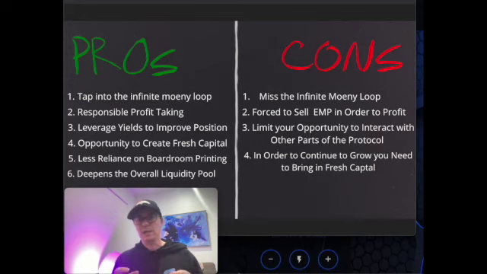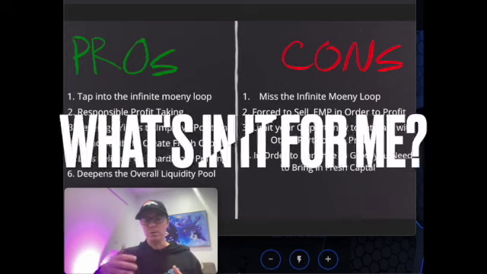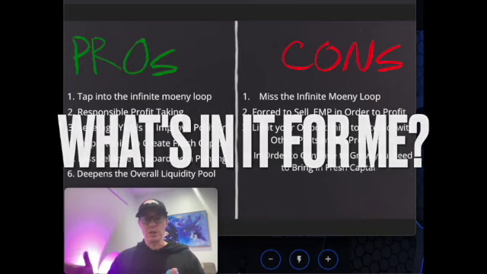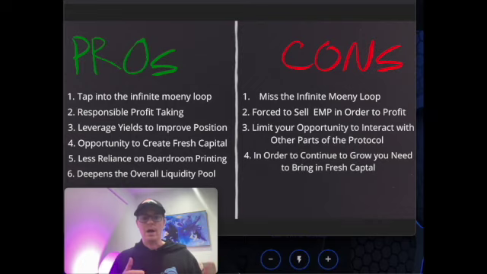And how does that benefit you? Well, it does benefit you because the more people this video reaches, the more likely they are to invest. And as we talked about, growing the overall liquidity pool is good for everybody, and it's good for your investment. If everybody starts pulling their money out of this protocol, then it's done and dusted.